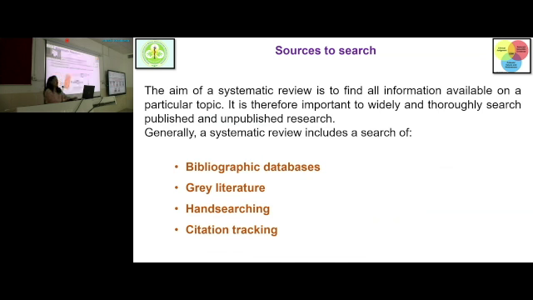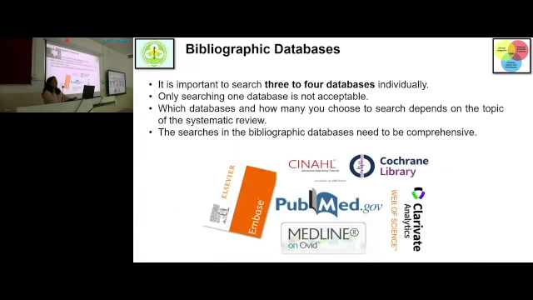Under the bibliographic databases, we have to search at least 3 to 4 electronic databases, either paid or free. Searching only one database is not acceptable, and when you go to publish your systematic review, it will not be accepted if you have done a search in only one database.